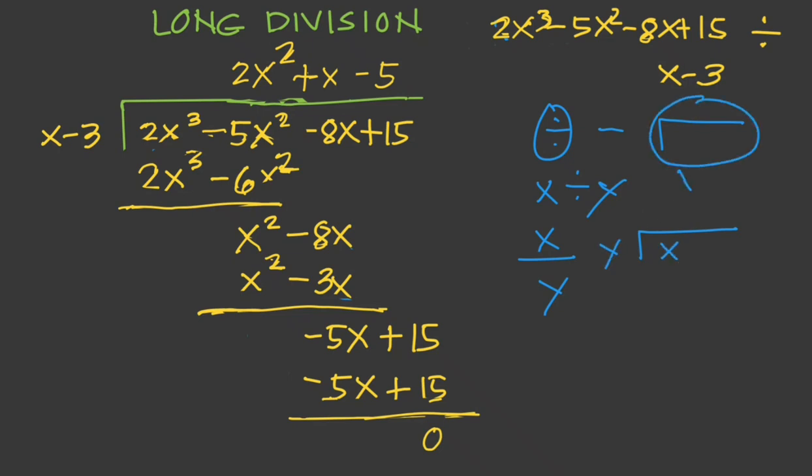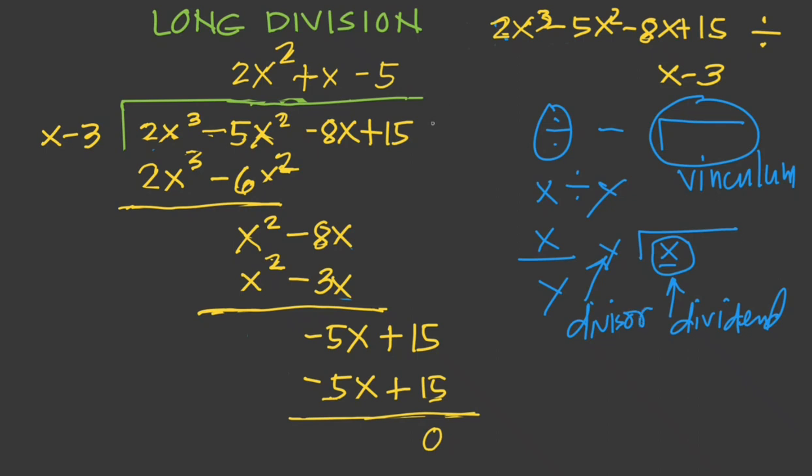This symbol, we call the vinculum. Whatever numbers, terms, equations, or expressions are inside the vinculum, that is called the dividend. And whatever we divide the dividend by, we call the divisor.